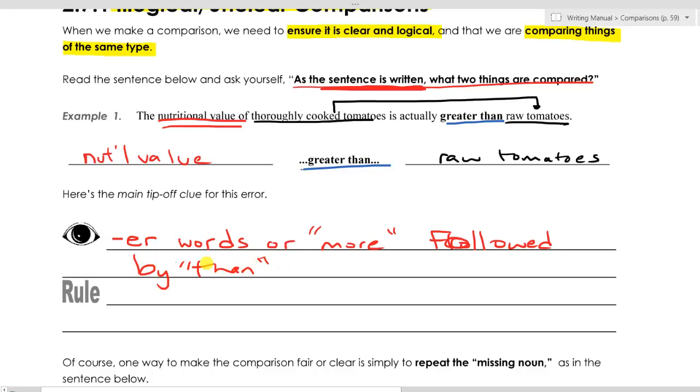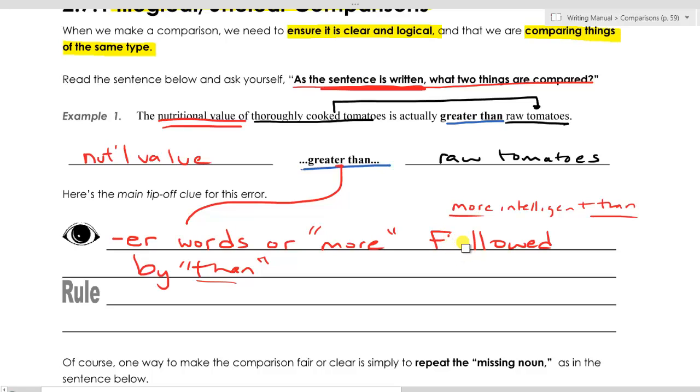Anytime you see an ER word, like greater, followed by than, or more followed by than, like more intelligent than, that is your tip-off clue that comparisons may be being tested, that you might have a comparison error in the sentence.